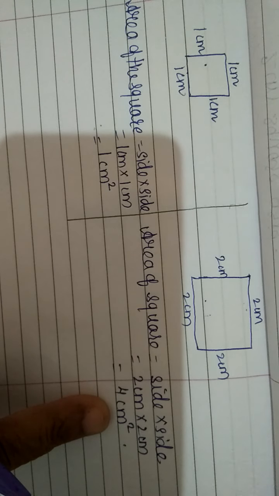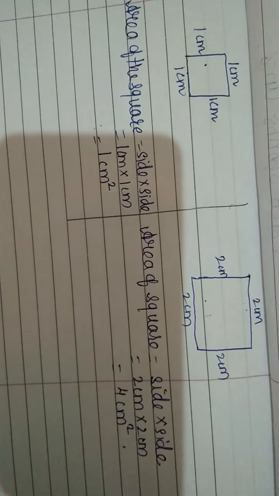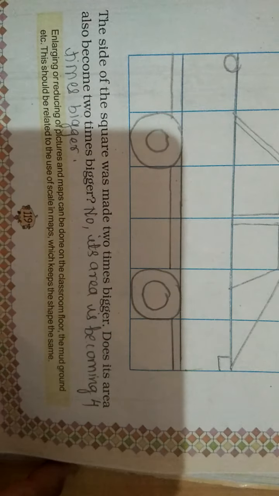It means children that the area is becoming 4 times bigger. So children, we will write here the answer. The side of the square if made 2 times bigger, then its area becomes 4 times bigger. Okay children?